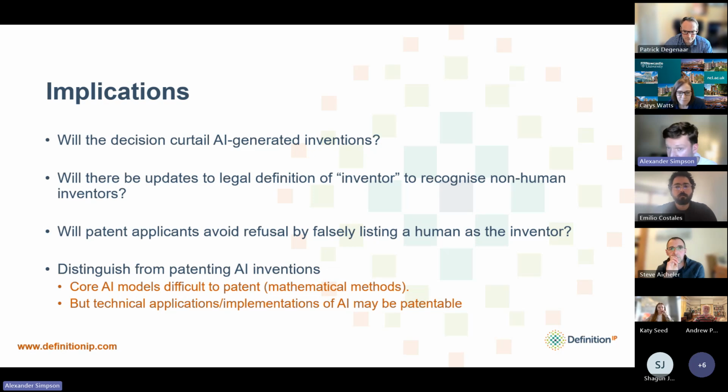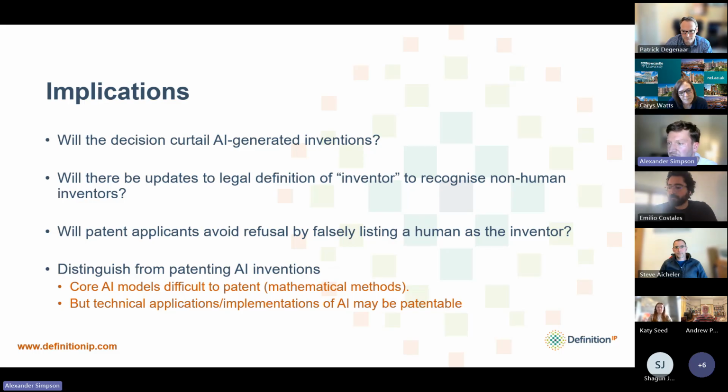So will this curtail people using AI to come up with inventions if they can't protect them? That is certainly one possible outcome. Something else that we might see is patent applicants getting around this by falsely listing a human being as the inventor. There aren't huge consequences at the moment if people do that.